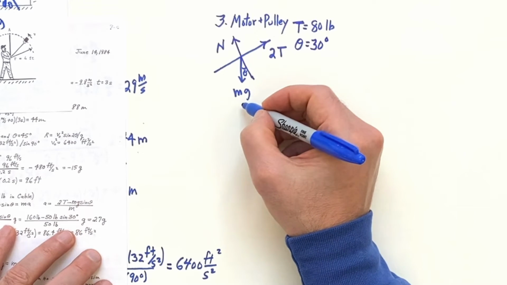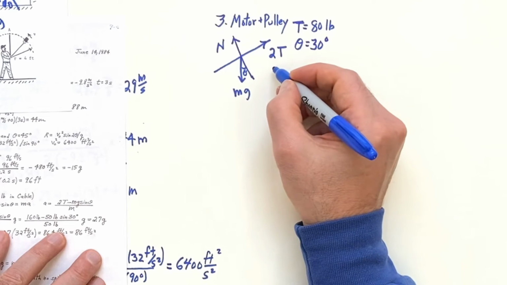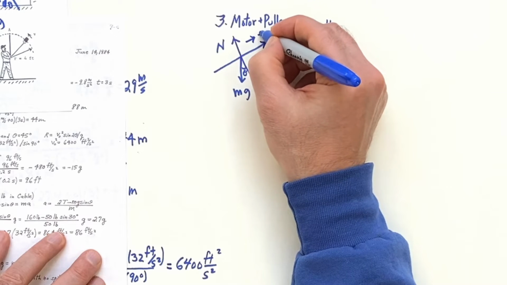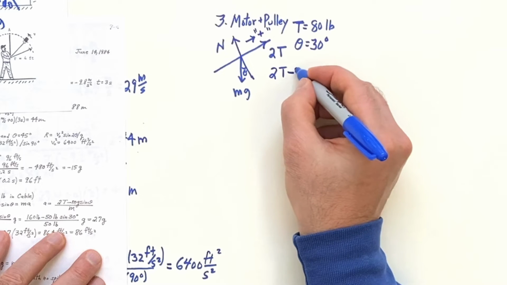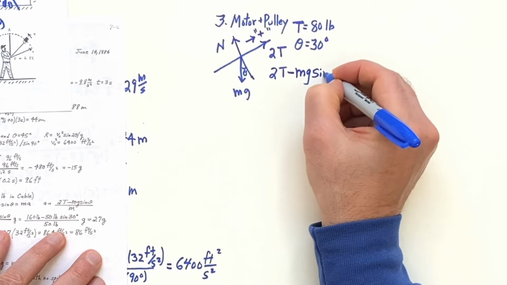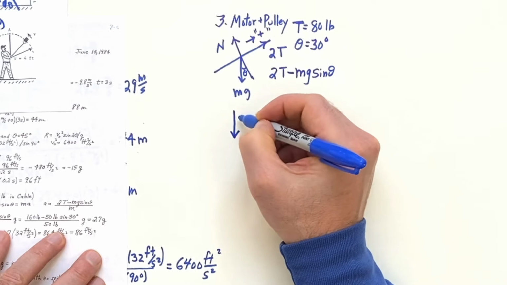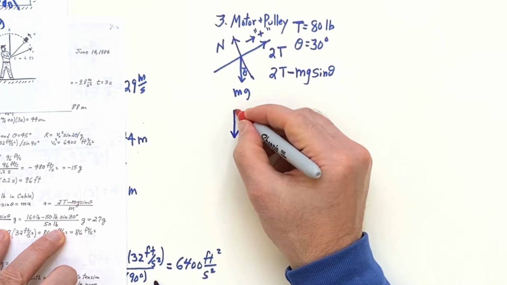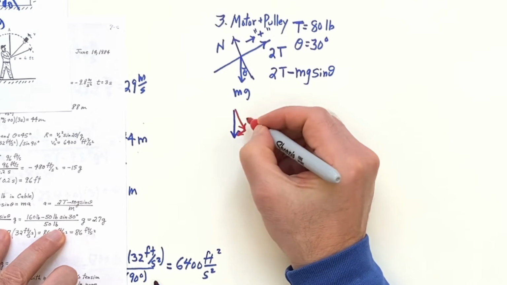All right, so the equations that go with this, the important one is the one along the slant, which is the 2T. Always good to indicate what you're considering plus. So 2T minus mg sine of theta. See that? When you have that mg going down like that, you can think of that as consisting of the two components.